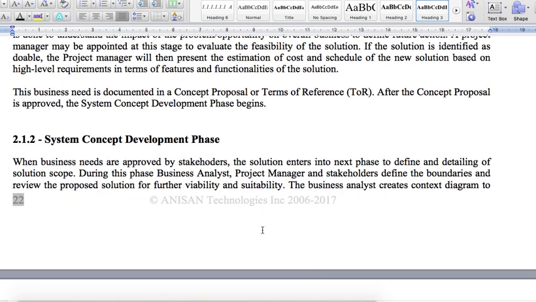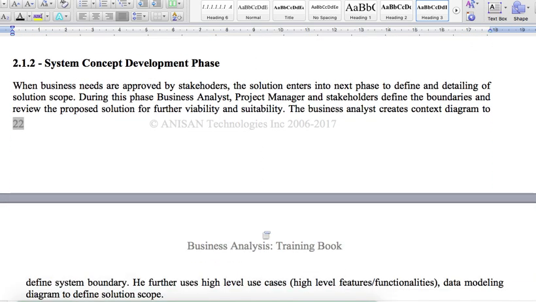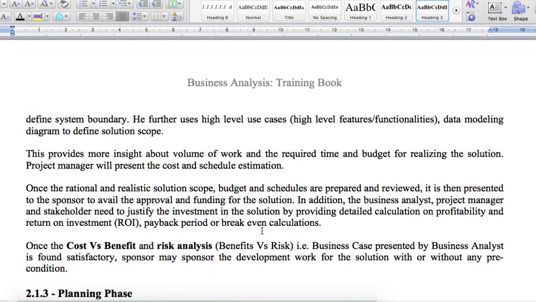Now we were here. This provides more insight about the volume of work and the required time and budget for realizing the solution. Okay, so the features and functionalities and the data required for the particular project will help us understand the nature and the volume of the project.